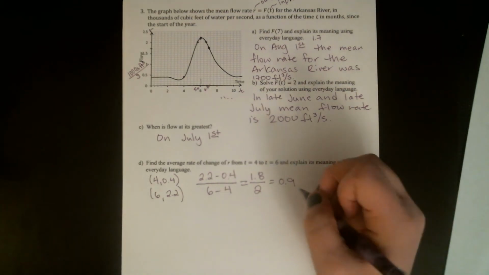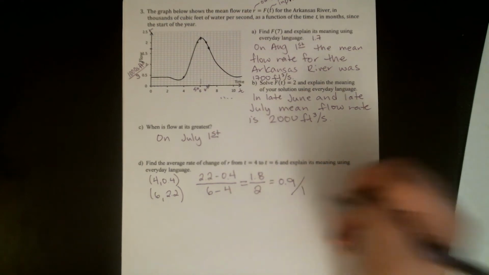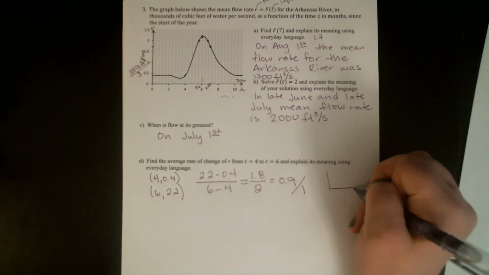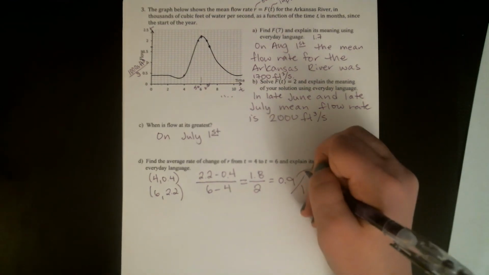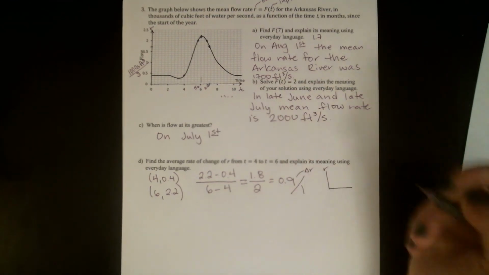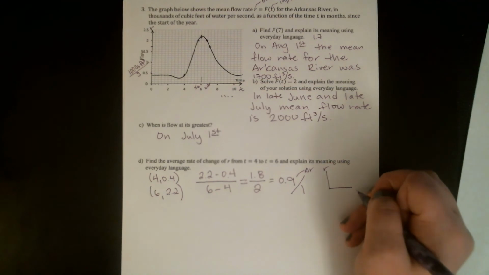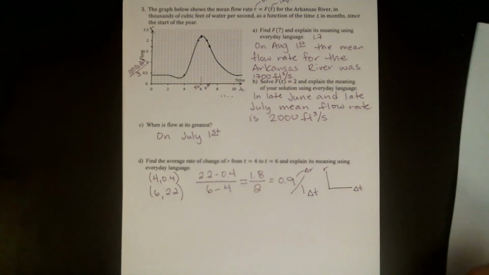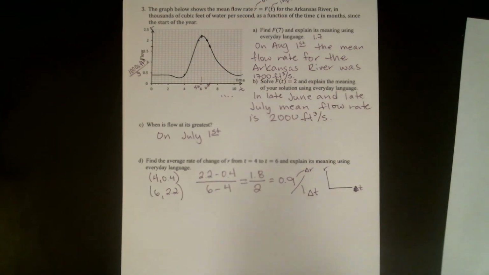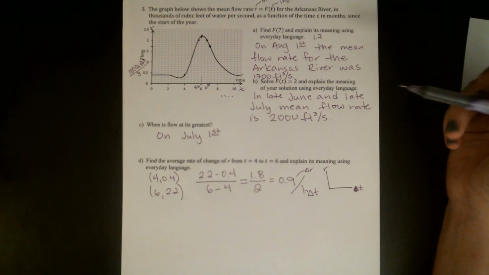And again, you want to think of this as a slope, so we can think of it as a fraction. And the top of that fraction is going to be the change in r, since r is on the vertical axis, and the bottom of that fraction is going to be the change in t, since t is on the horizontal axis. Okay, so this is saying t is in months.